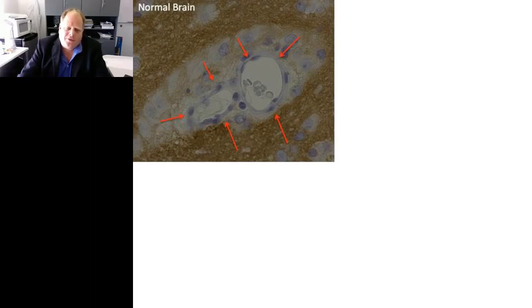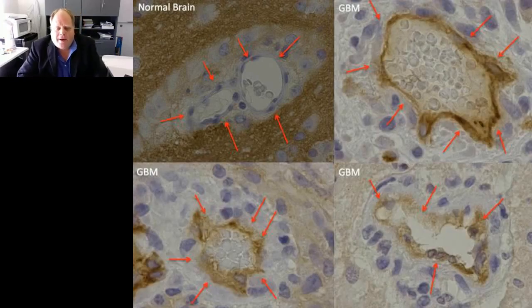You see the CD200 outside of it. That's not the case in high-grade GBMs. In high-grade GBMs, we get a lot of CD200 expression, upregulation of CD200 in the endothelial cells.